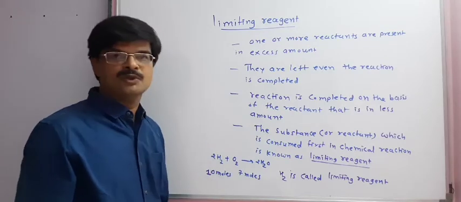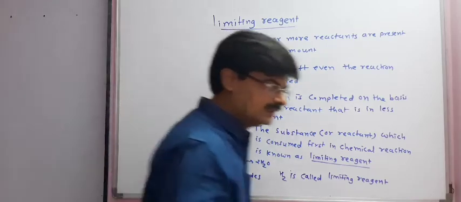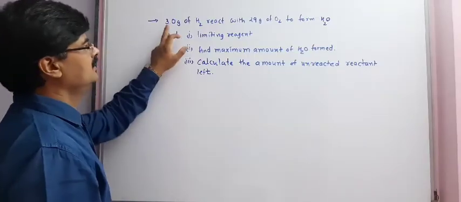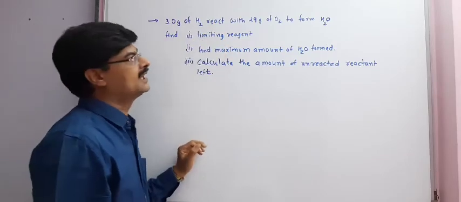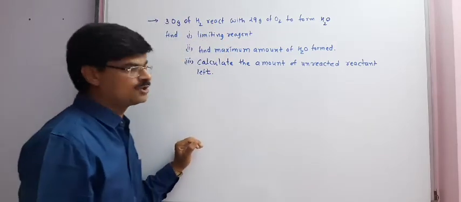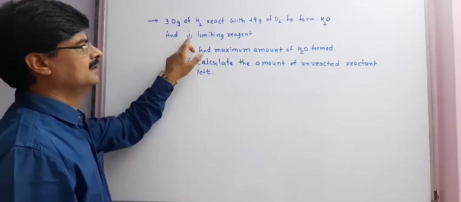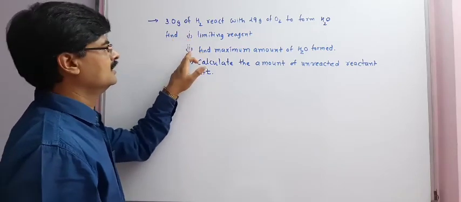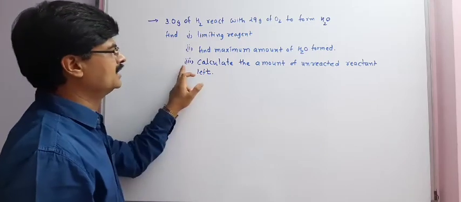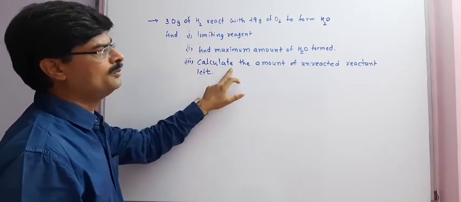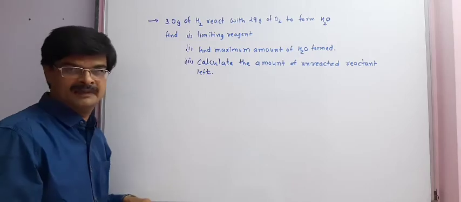Now we'll study a few numericals based on limiting reagent. In this question, 3 gram of hydrogen reacts with 29 gram of oxygen to form H2O. Find number 1, the limiting reagent; number 2, the maximum amount of water formed; and number 3, calculate the amount of unreacted reactant left.